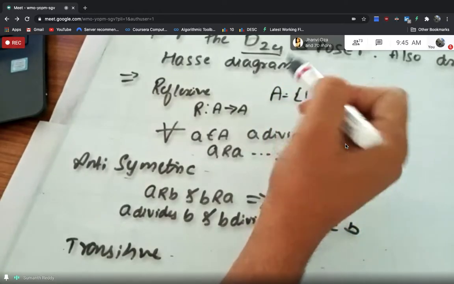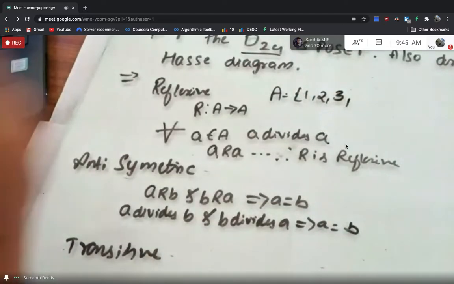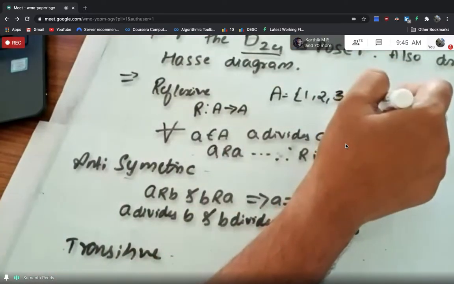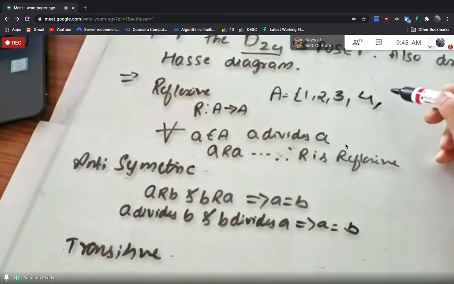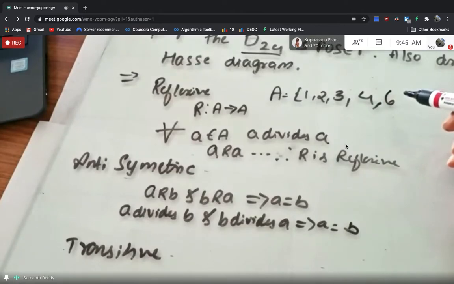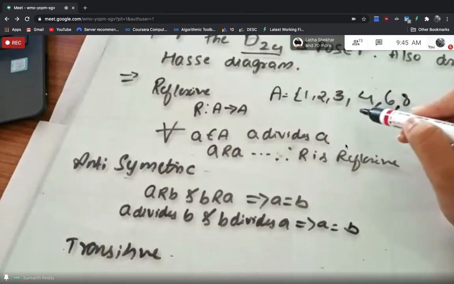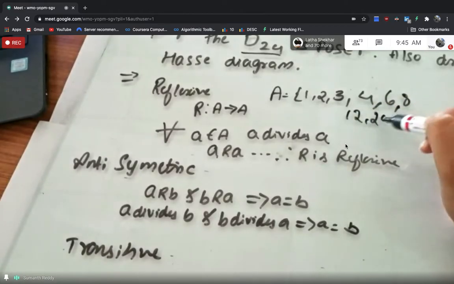I need to check all the positive divisors of 24. So which are the other elements? You'll have 4. 5 I cannot take because 5 will not divide 24. I can take 6. Next 8, yes, you can take. 9 you cannot take, 10 no. 12 you can take, and then 24. So these are all the elements of D24.